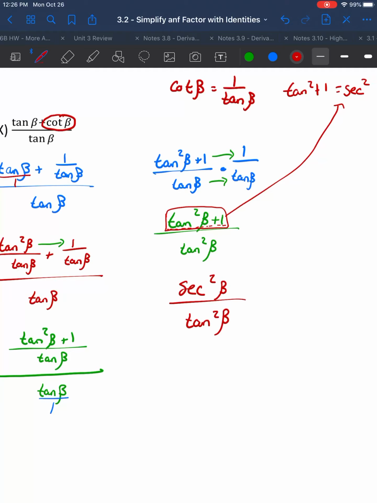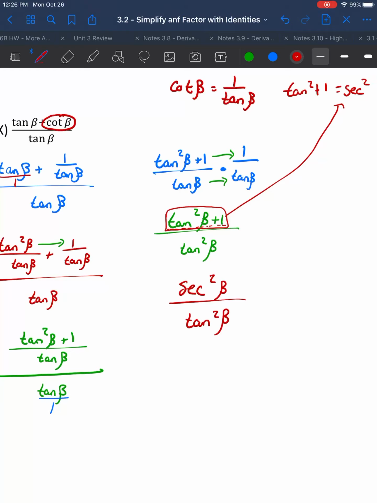Well, I'm in a bit better place because do I have any addition or subtraction anymore? They're all gone, so that's good news. But now I have a secant and a tangent, and I don't know what to do with secant and tangent. So I've kind of hit a roadblock.